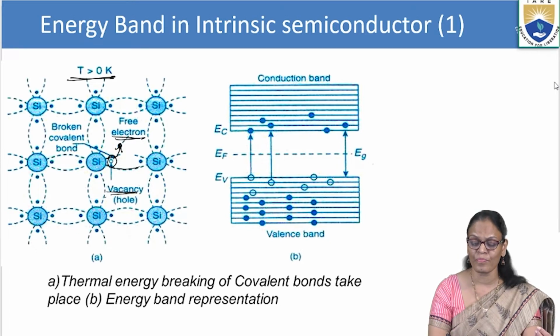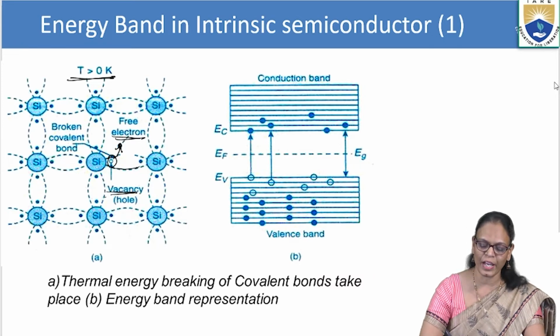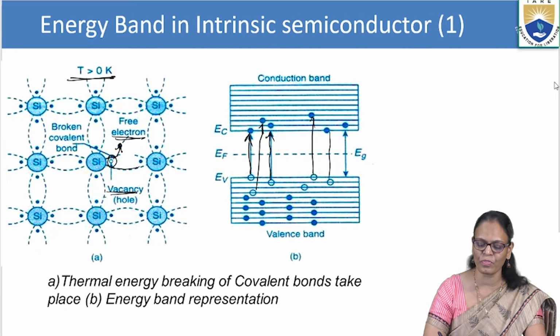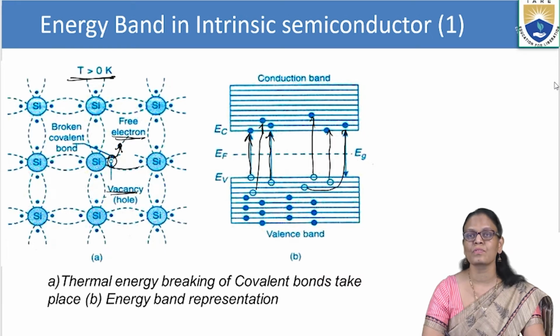But now, when the bonds are broken, some of the electrons from the valence band have moved to the conduction band. You see, this has moved here. Suppose here we have shown 6 electrons moving from the valence band to the conduction band. So there are 6 holes formed in the valence band.